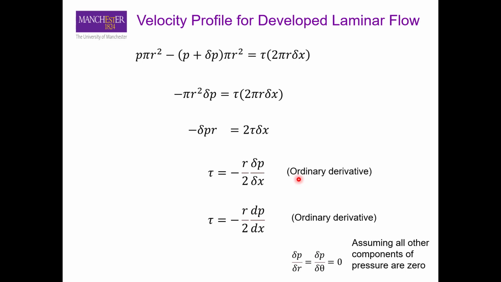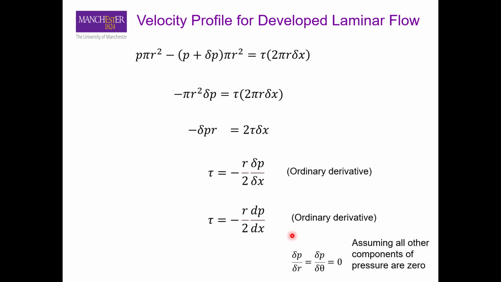Here there is a mistake: it should be a partial derivative, because this equation is in the form of a partial derivative. But we know that there is no flow in the r direction or theta direction, so we can make those derivatives zero, and as such P only depends on x.